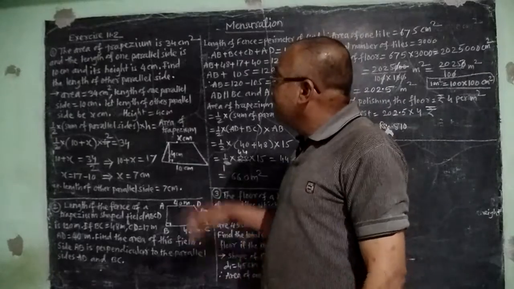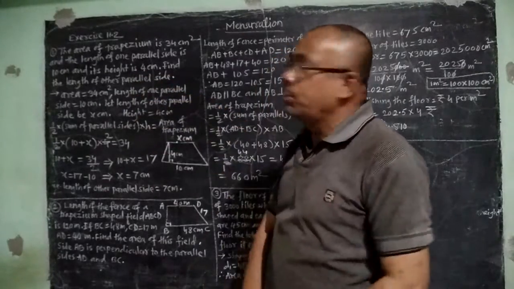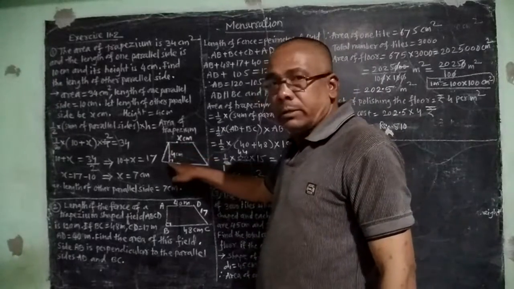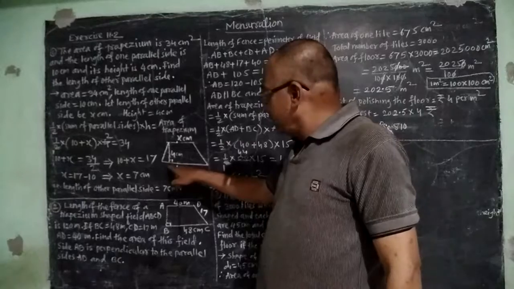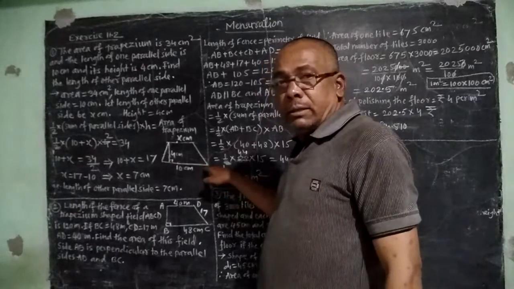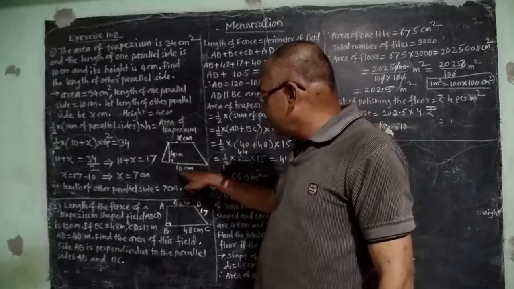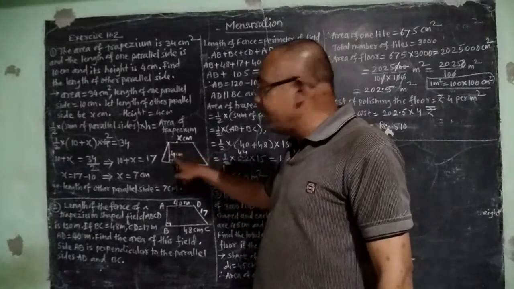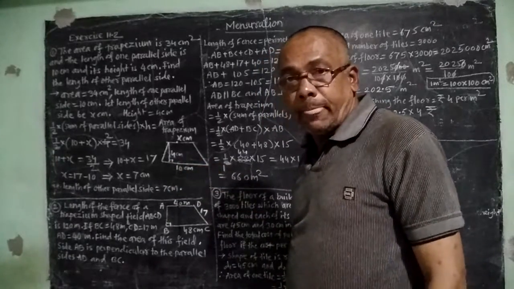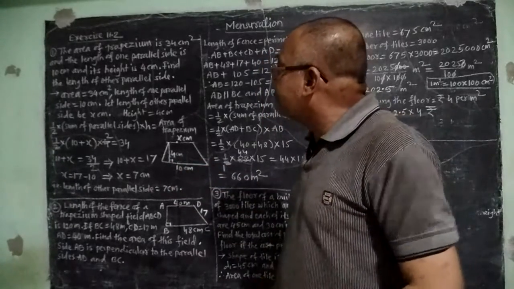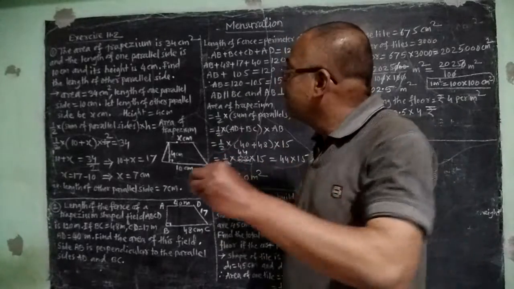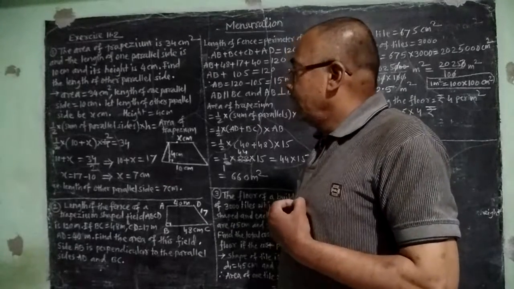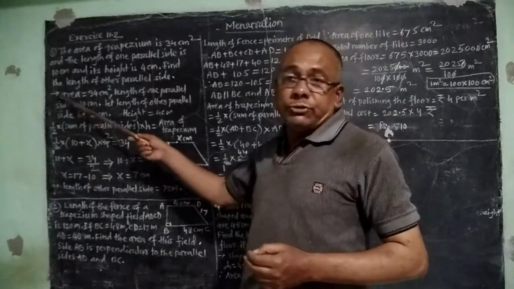Also it is given that the height of the trapezium is 4 centimeter. Now if we draw the perpendicular to the parallel side having length 10 centimeter, the height of the trapezium is 4 centimeter, and we are asked to find the length of the second parallel side. So we will solve this example.